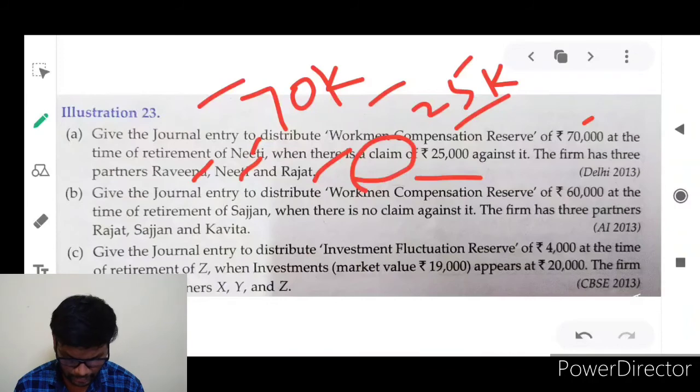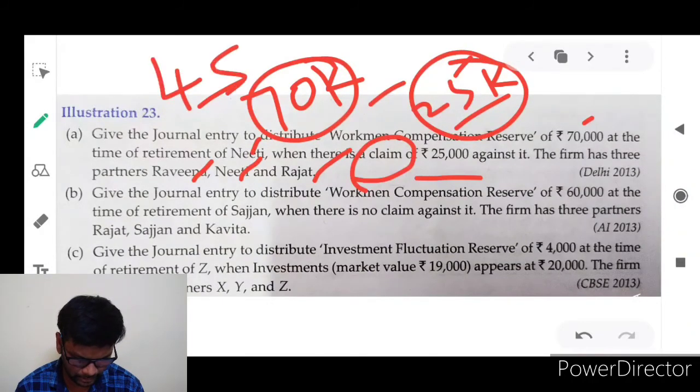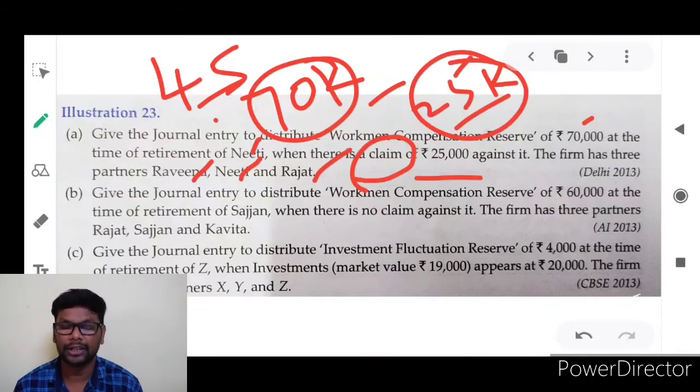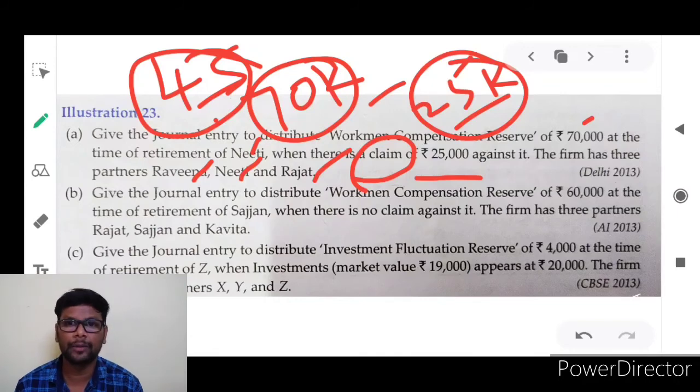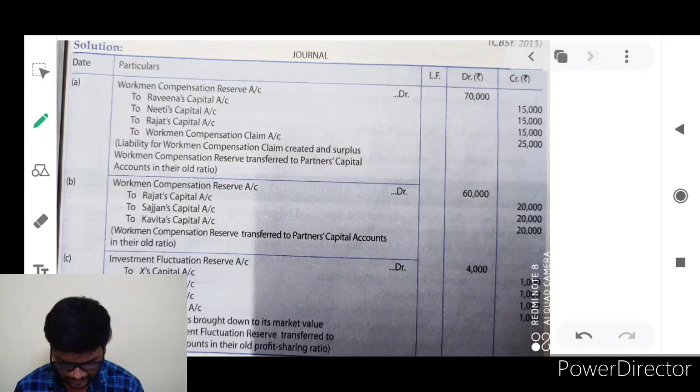So without this claim, the remaining amount will be 45,000, because 45 plus 25 is equal to 70,000. This 45,000, the extra workman's compensation reserve, will be transferred to all the partners equally.